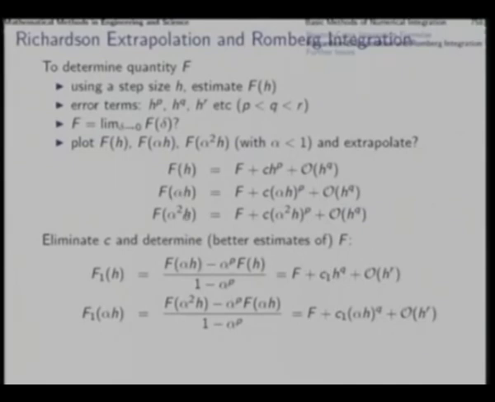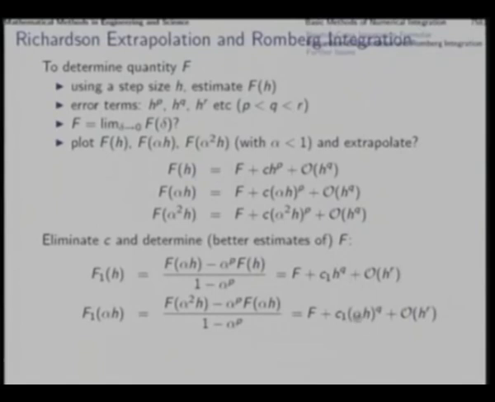Similarly, if we use these two, then in a similar manner we will get this minus alpha to the power p into this, so this part will be cancelled, and then with 1 minus alpha to the power p we divide and get another better estimate, even better than this, between these two. Now consider, in these two the evaluation has been done at one more step further, in which the leading error is now of qth order.